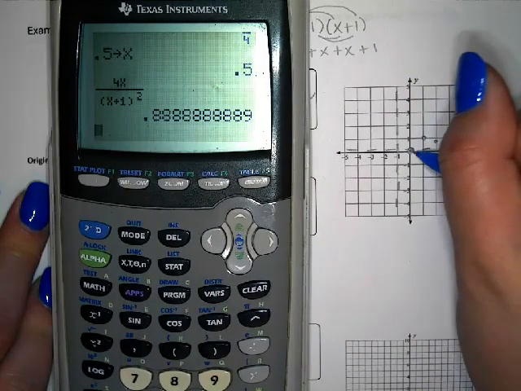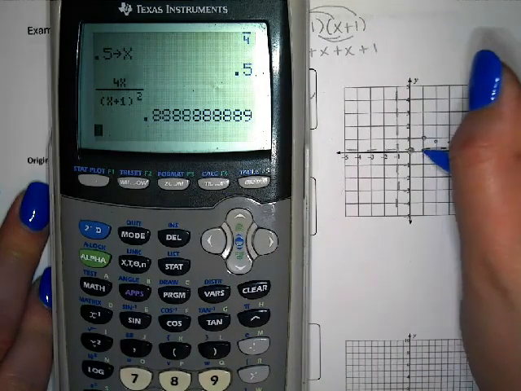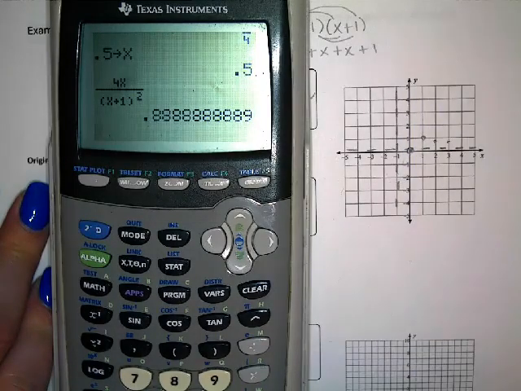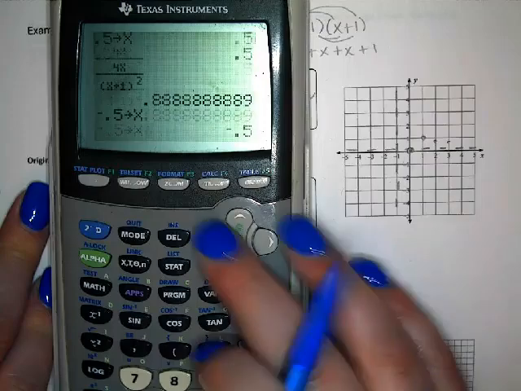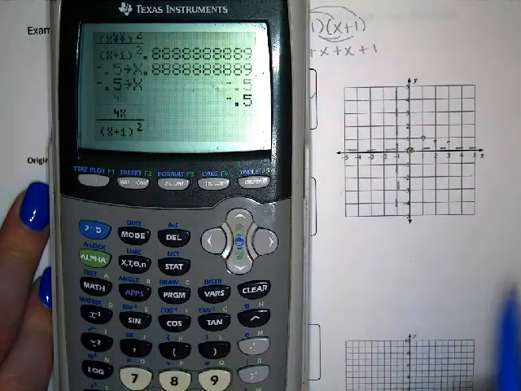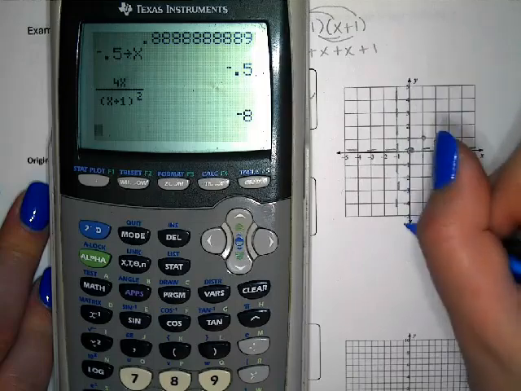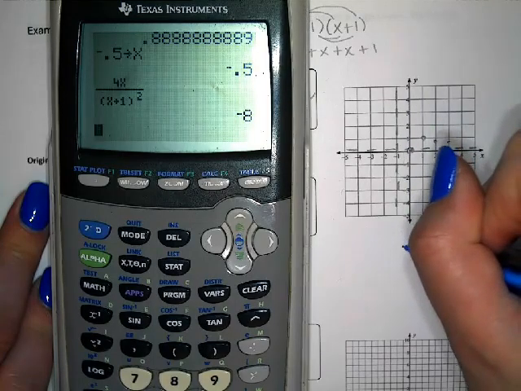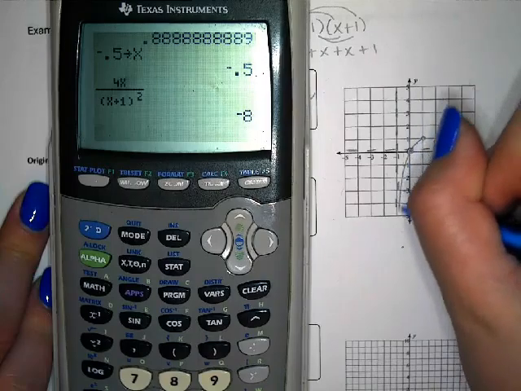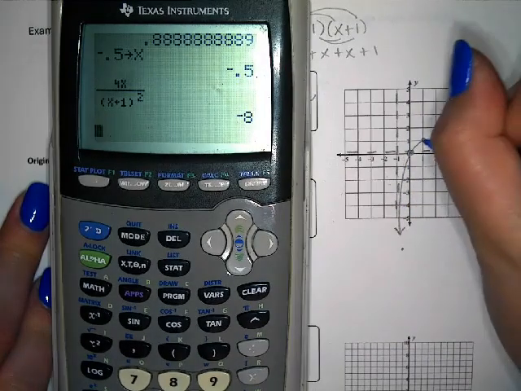I wanted a point over here to see what was happening over here. Okay, ooh, negative 8, that's like way down here. Ooh, way down there. So it's going down like that, and then it comes down, and then it levels out, it looks like.